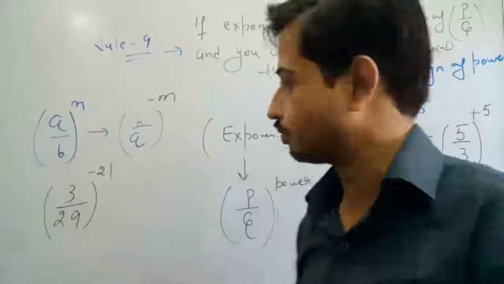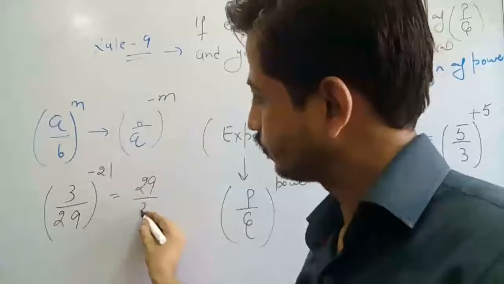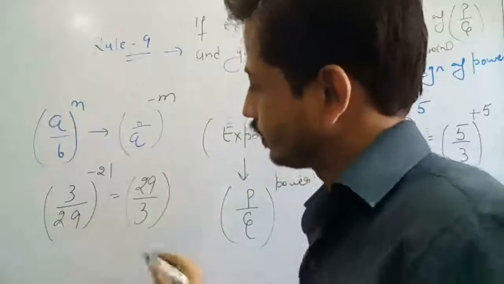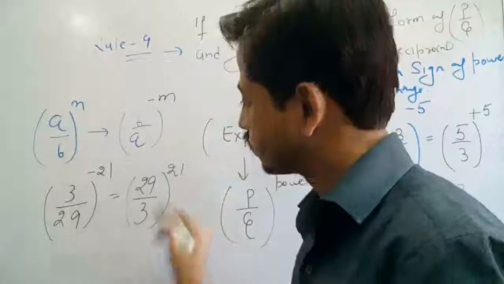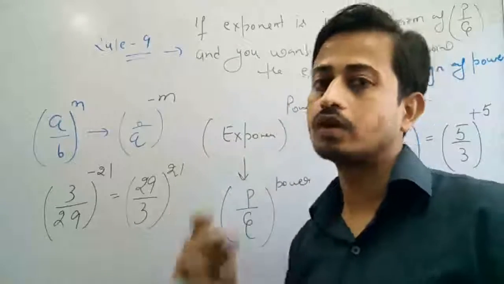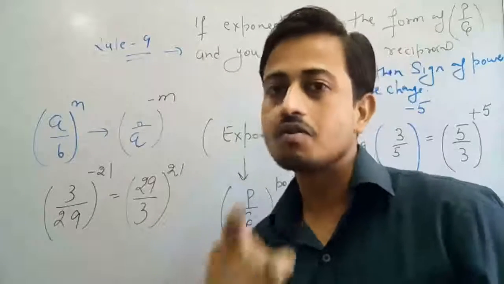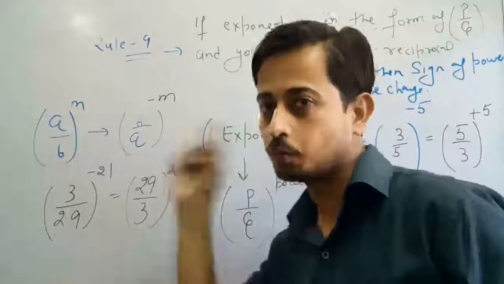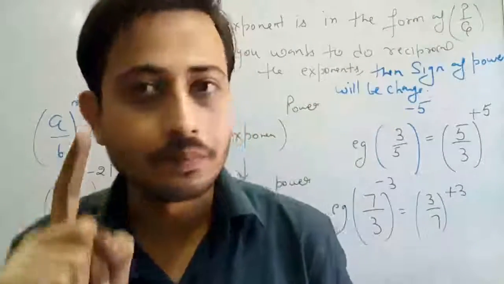By changing the term. If I change the term to 29 by 3, then the sign of the power will be changed. It becomes +21. So this property is very important to simplify and get the answer quickly, within 2 or 3 seconds. So please make a note. This property rule is very important.